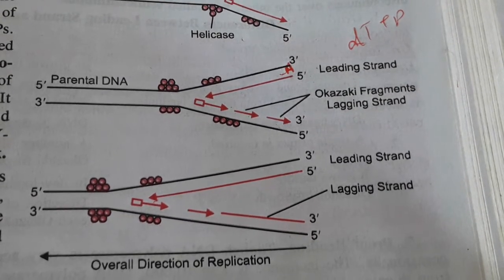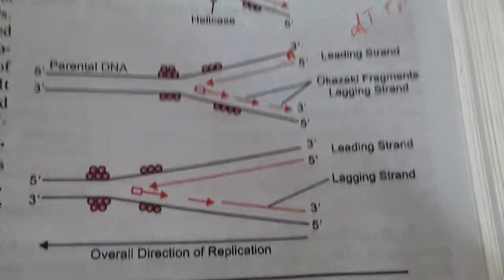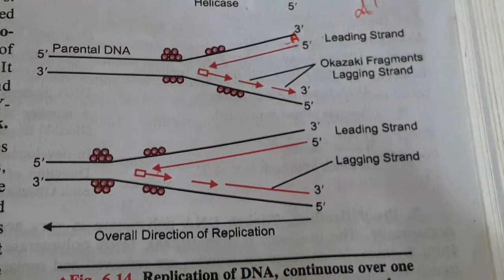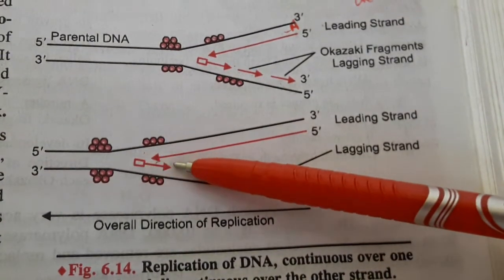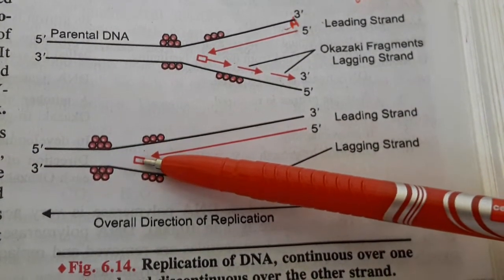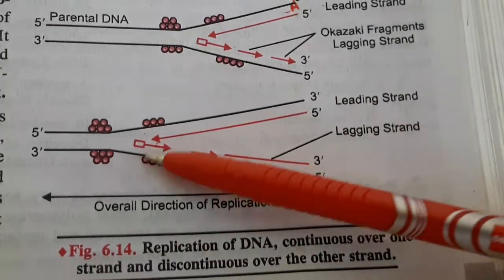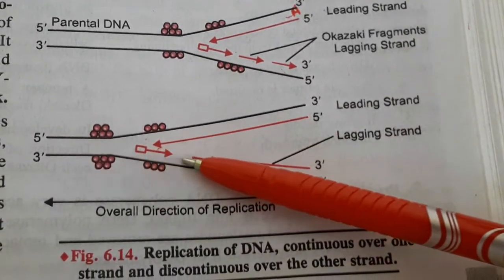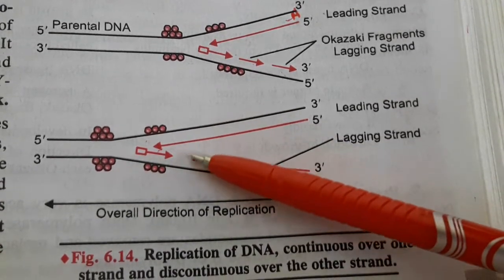But on the other hand, on the other template, the RNA primer initiates the synthesis of DNA. Now you can see this is the RNA primer, it will initiate the synthesis. This acts as the 5' end, because we know that synthesis can take place from 5' to 3'. So this is 5', it will go towards the 3' end. Again, after a short distance, a new RNA primer is synthesized.